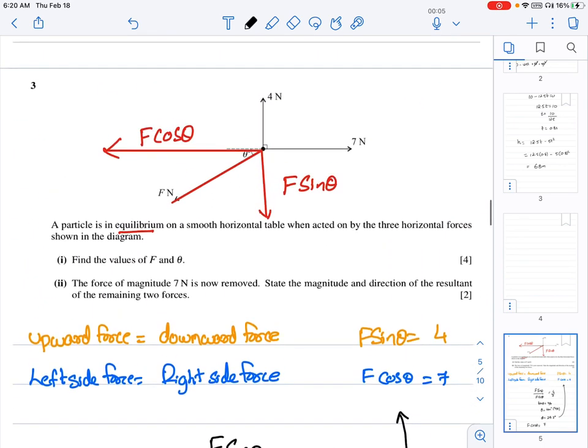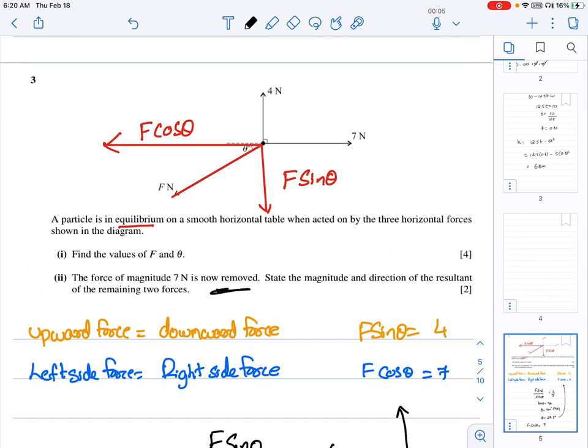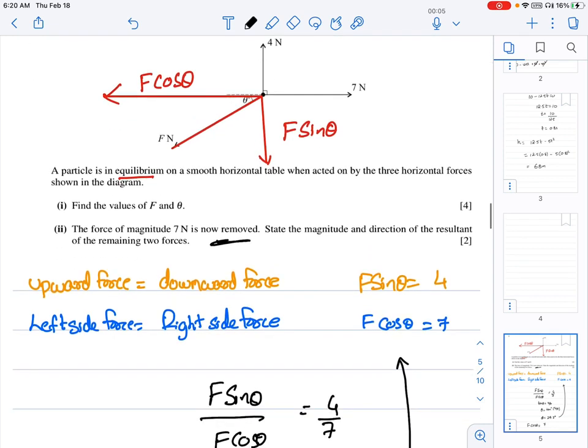The force of magnitude 7 newtons is now removed. State the magnitude and the direction of the resultant of the two forces. Magnitude of 7 is removed. Okay, so what is he asking? What will be the magnitude and the direction of the resultant of the remaining two forces?